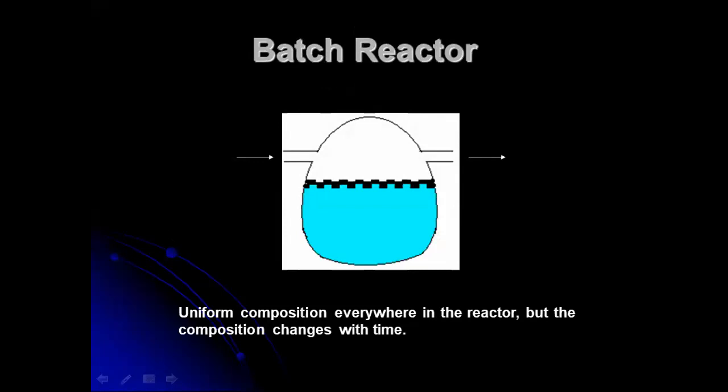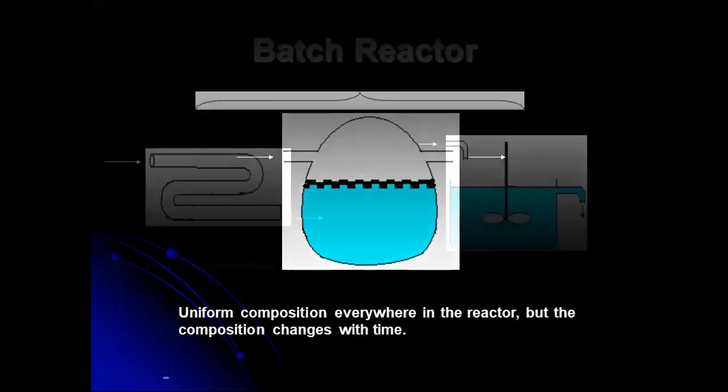For this reactor, you will have this correct assumption that the composition at any point inside the reactor would be the same, but that particular composition changes with time. So that's in the case of your batch reactor.